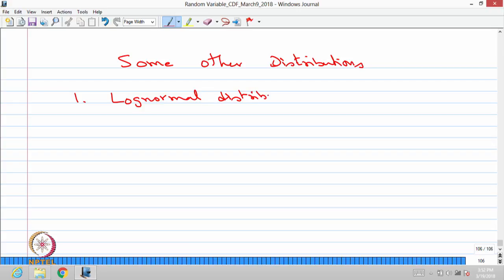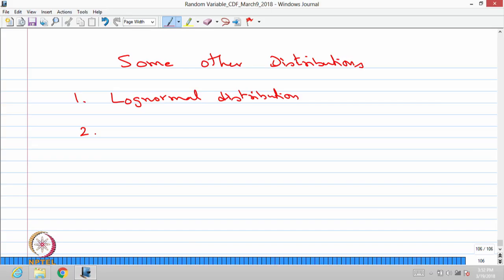This distribution is a function of a normal distribution in which the range is between 0 and infinity. Therefore, it is important. The second one is the logistic distribution. This is also an important distribution, in the form of an exponential function.